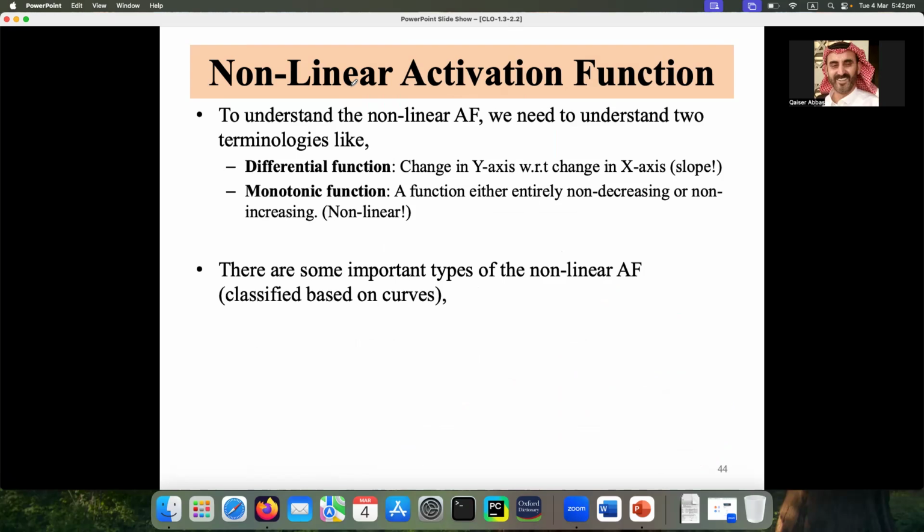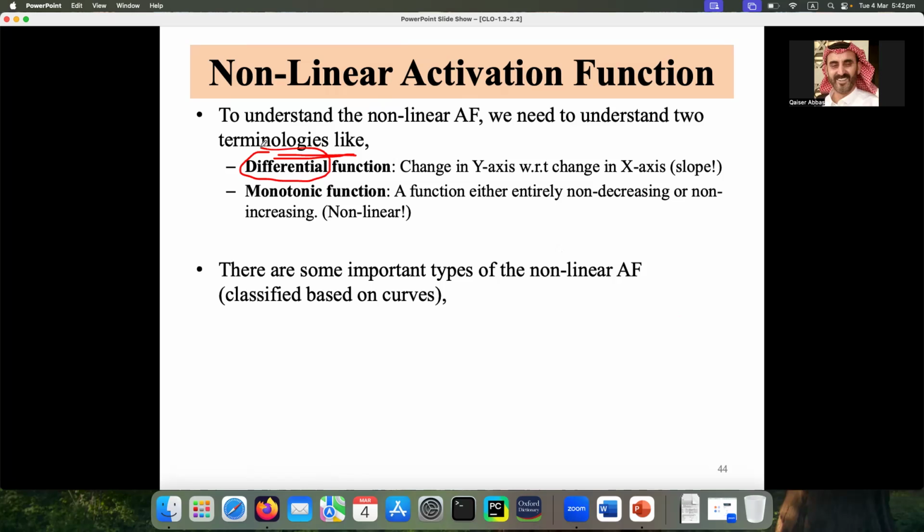In the non-linear category, we will have two concepts. The first concept is the differential function. If you convert this word into its lemma, you will get difference.